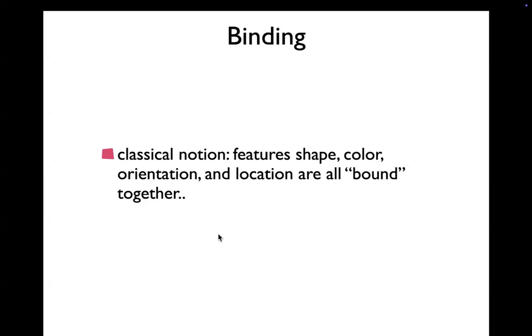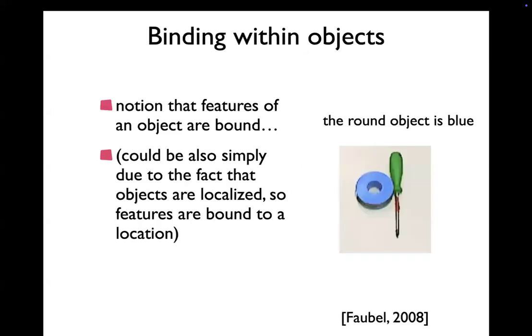But there could also be binding among these features. So, for instance, in a picture like that, you could say the blue thing is round, right? Or the screwdriver is green, or it's longish, or it's vertical, things like that. This is a notion that has a lot of history in psychology, that feature values that pertain to objects are bound, and there's still ongoing research about that.